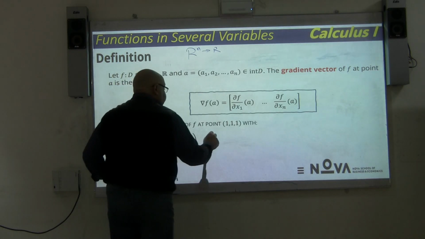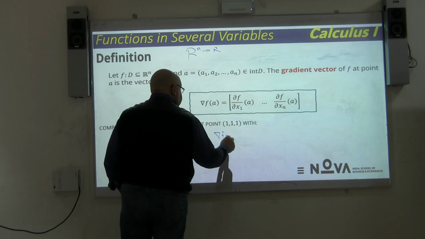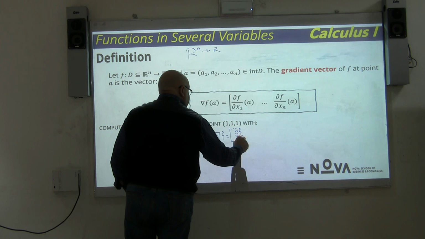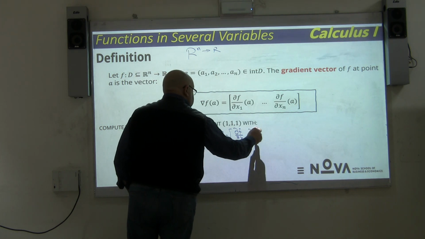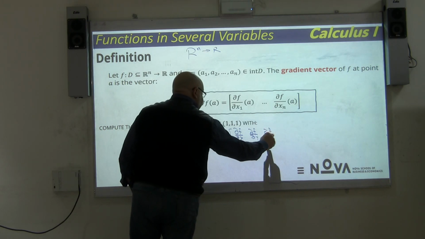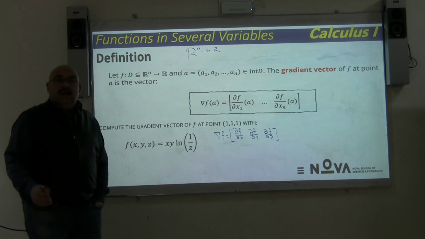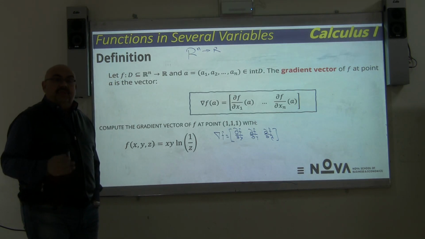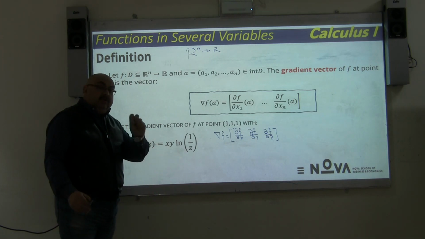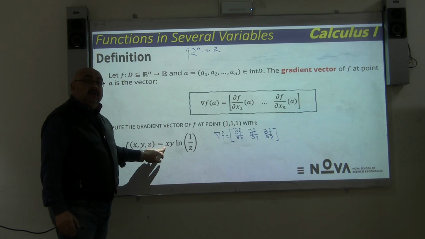The gradient vector of f is going to be partial f partial x, partial f partial y, partial f partial z. Why do I have to do the three parts? Because the function contains three variables.